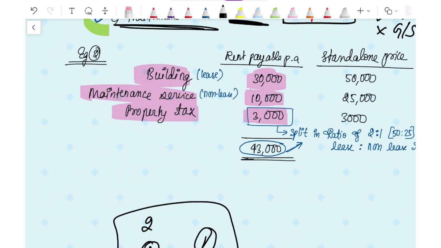Here, what will happen? Building will come as a lease component. Maintenance service will go into a non-lease component. But what about this property tax? Here, property tax is neither a good, nor a service, nor an asset.